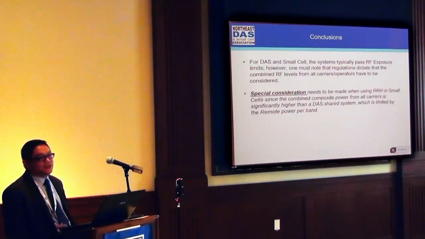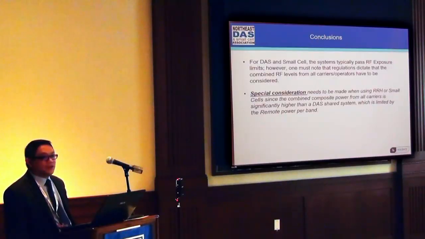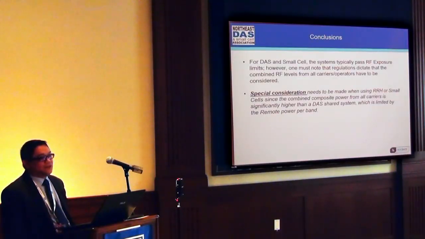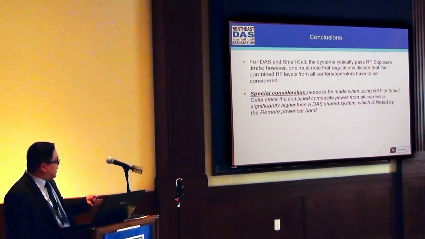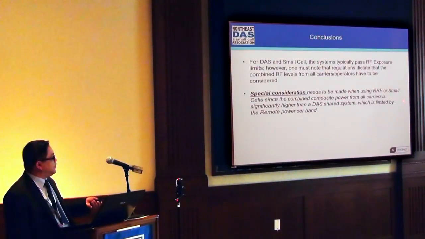And then you still add in Sprint, and then you add in T-Mobile. All of a sudden, your 5 watts is not really 5 watts anymore. It can be in the 100 plus watts, and you're not even considering the antennas yet. And the antennas, if it's a 10 dB gain antenna, it means that you're multiplying your output by another factor of 10. So again, special considerations need to be looked at, especially if you're doing remote radio heads.